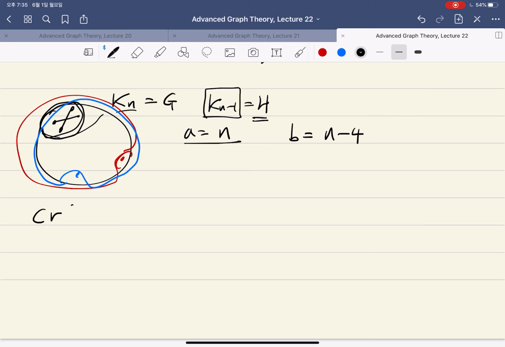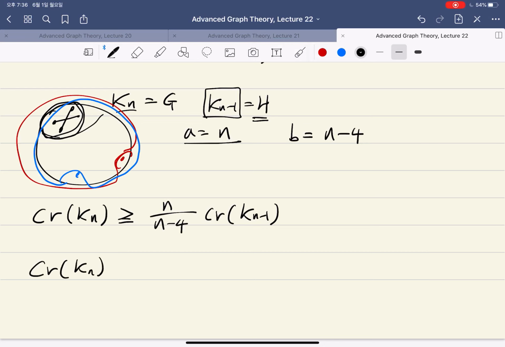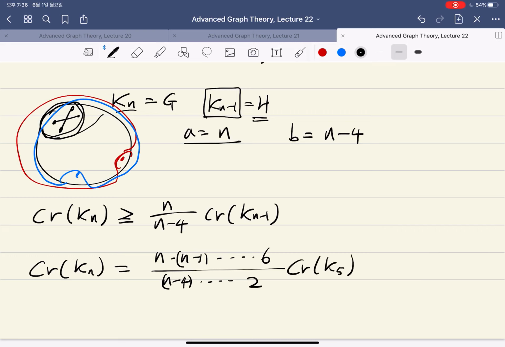Then the crossing number of K_n is at least n over n minus 4 times the crossing number of K_{n-1}. From this, we can get the crossing number of K_n is at least n times n minus 1 times down to 6, divided by n minus 4 times down to 2, times the crossing number of K_5.